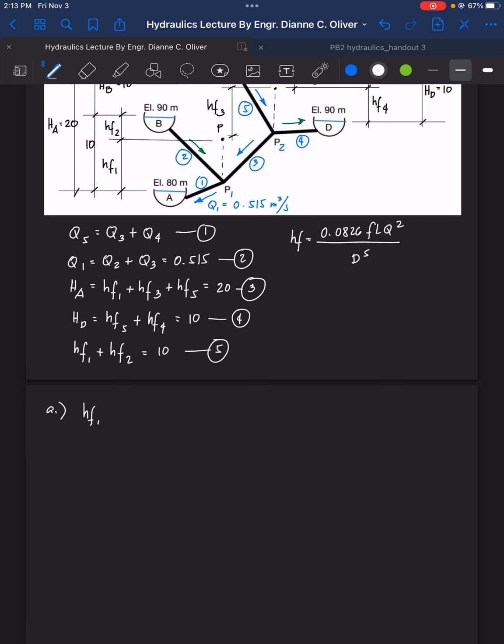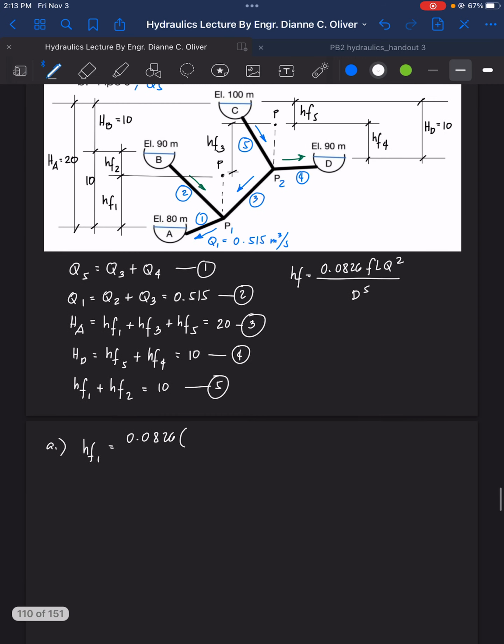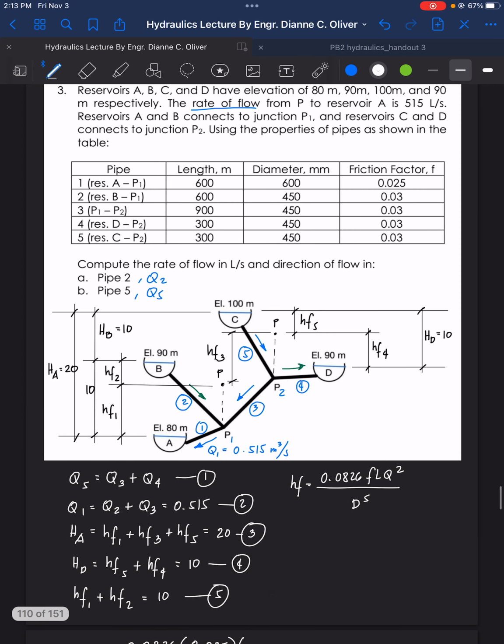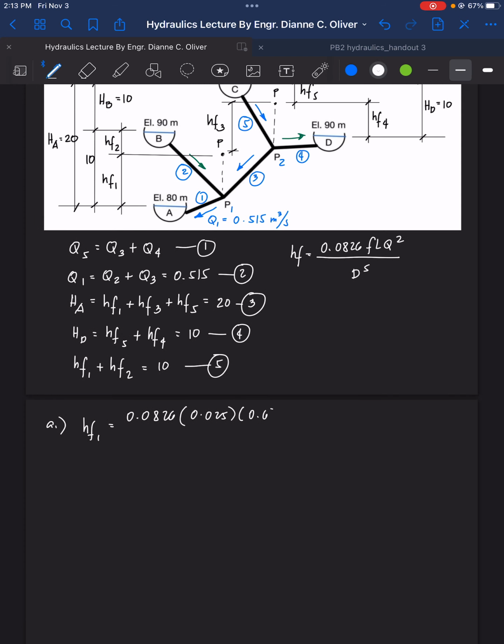So HF1 is equal to 0.0826 F. What's the F here for HF1? That is 0.025. The length of 1 is 600, diameter 0.6. So 600 meters.